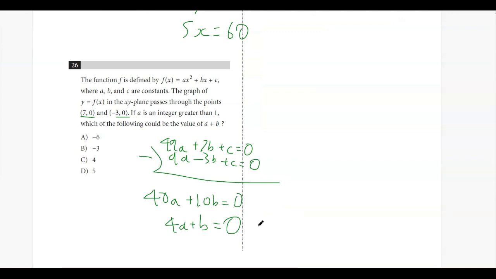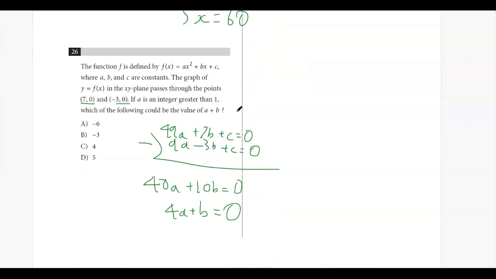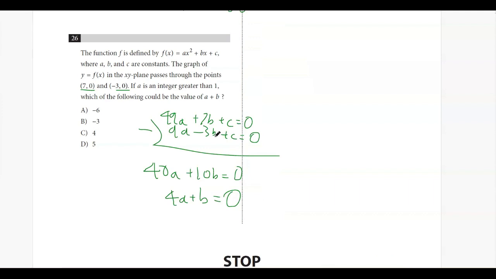So since a has to be greater than 1, we can go ahead and try plugging in some values here.